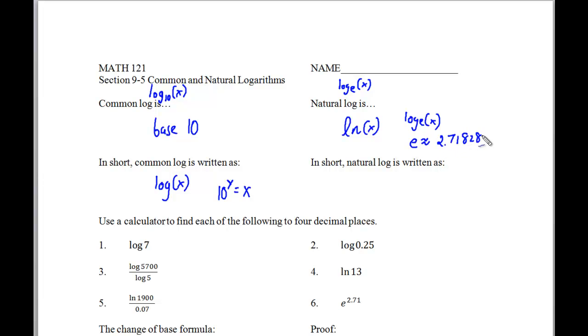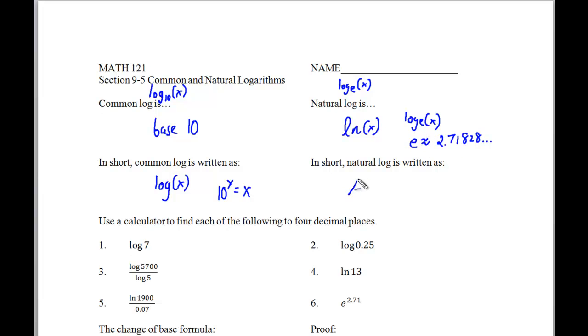And it goes on forever. It is a non-terminating decimal, and there are great videos and lots of proofs. In fact, there's a little demonstration of it in the book, and there's really neat things to figure out e. But please search those out yourself.